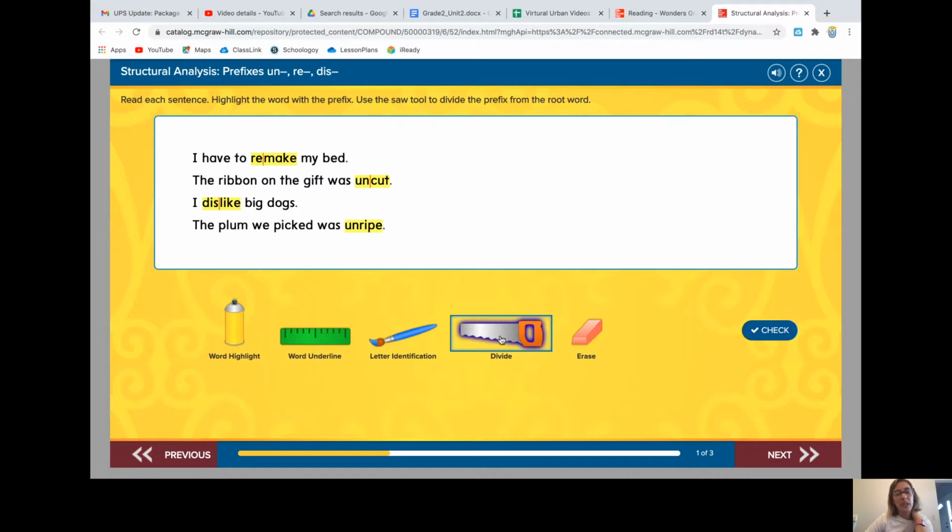Now, what is the root word and what is the prefix? Yes, we know that un is the prefix. So we're going to separate un from ripe by putting a line in between it. So we know that un means not, and ripe means it's good to eat. Okay. So the plum we picked was not ripe. Very good, boys and girls.